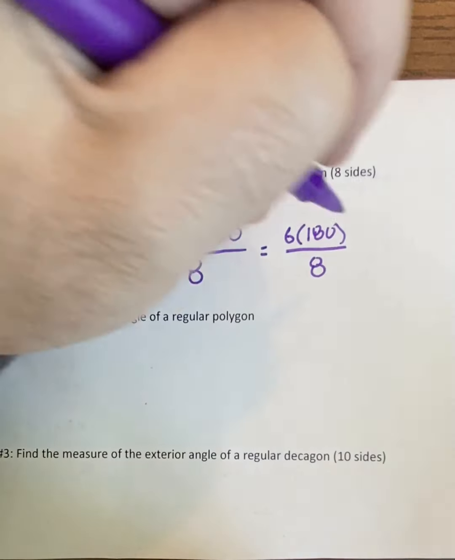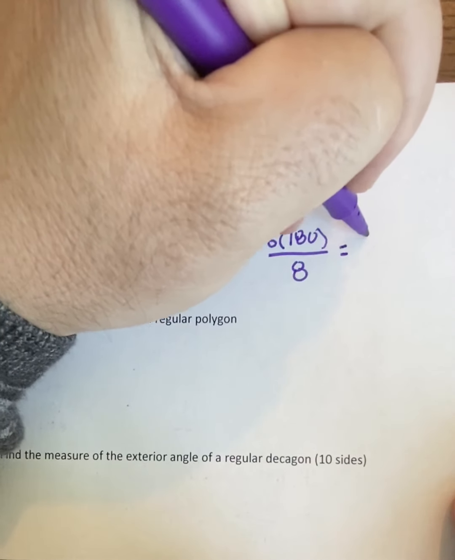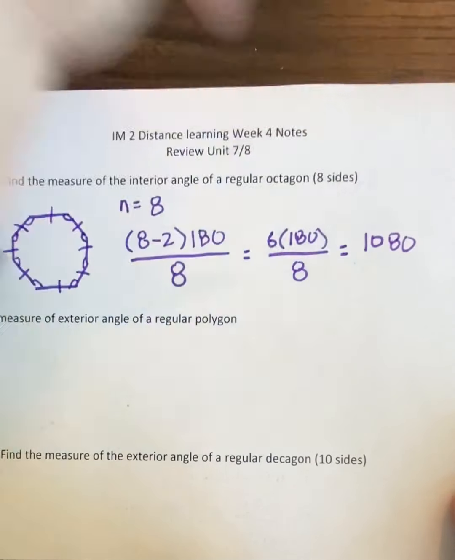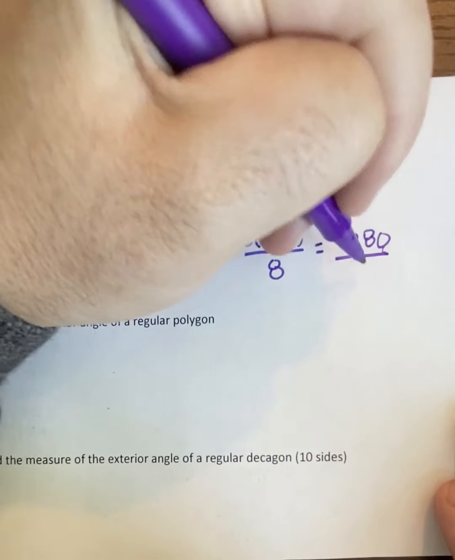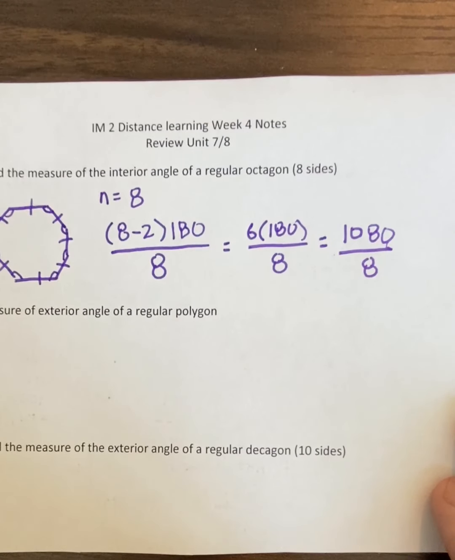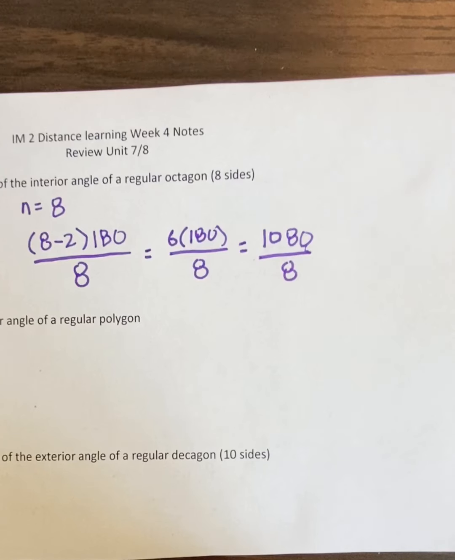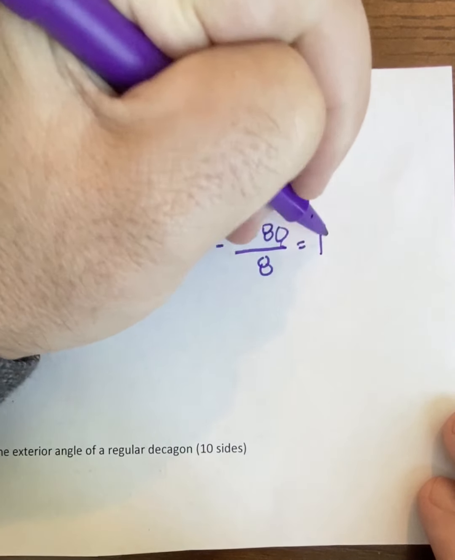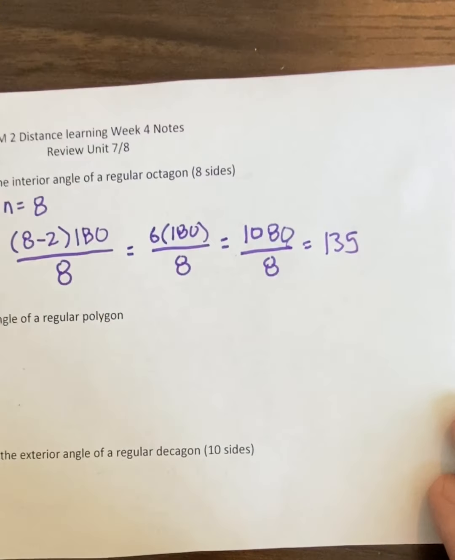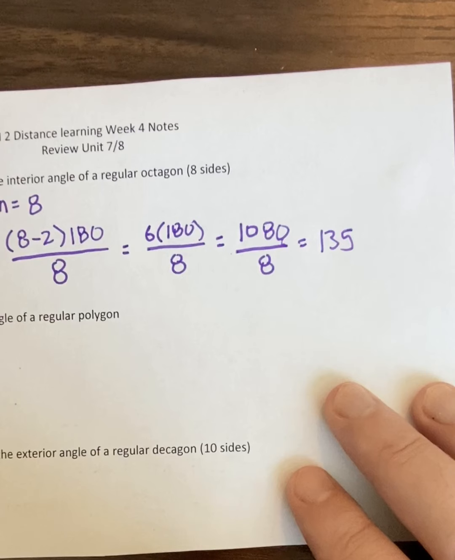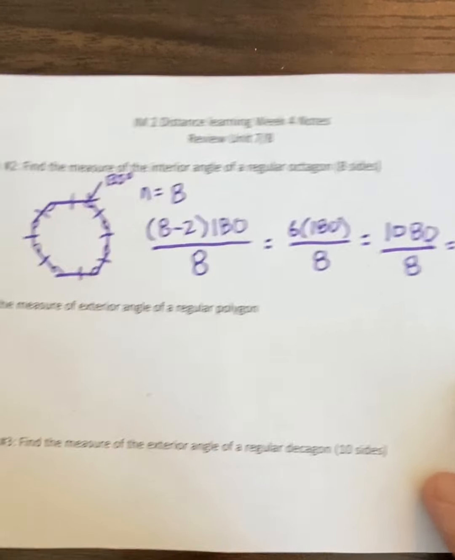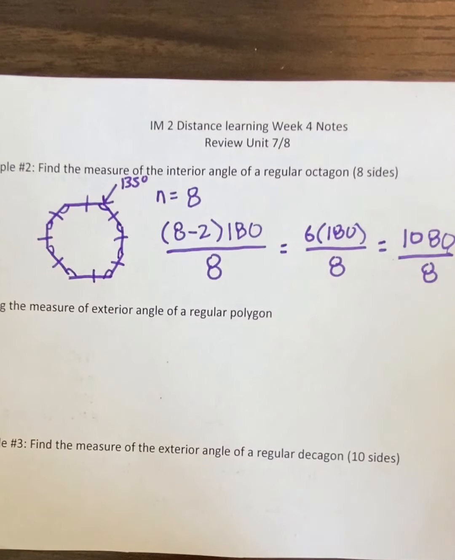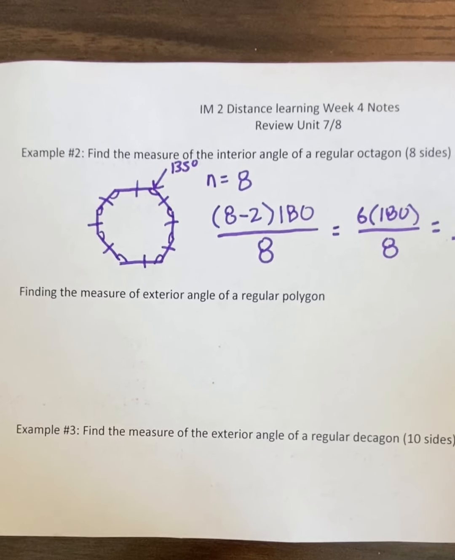And 6 times 180 is 1080 divided by 8. And 1080 divided by 8 is 135. Okay, so each one of these angles here is 135 degrees.